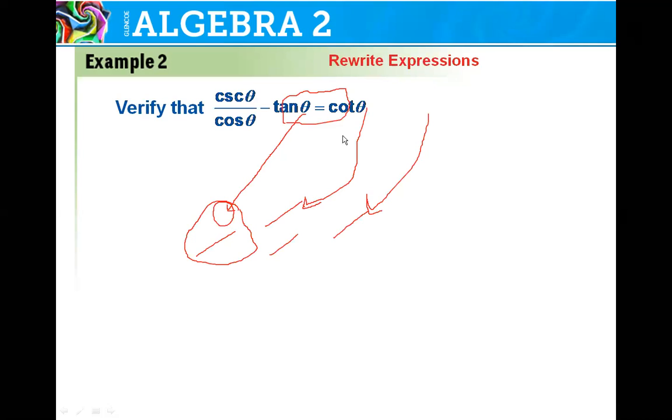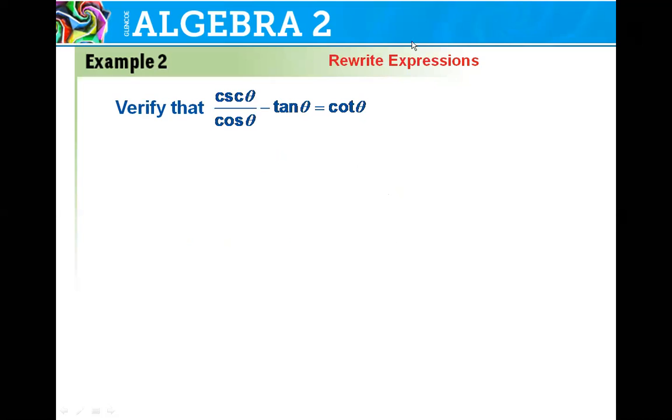We have here the problem said that verify that cosec theta over cosine theta minus tan theta equal cotan theta. What you will do now?